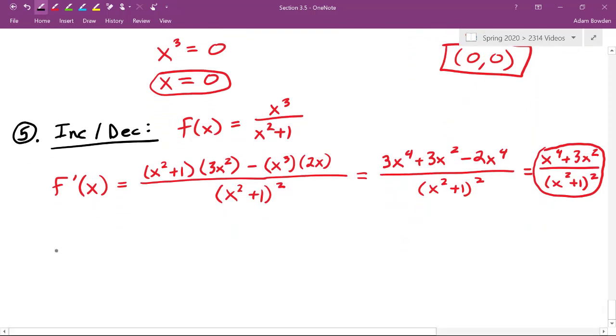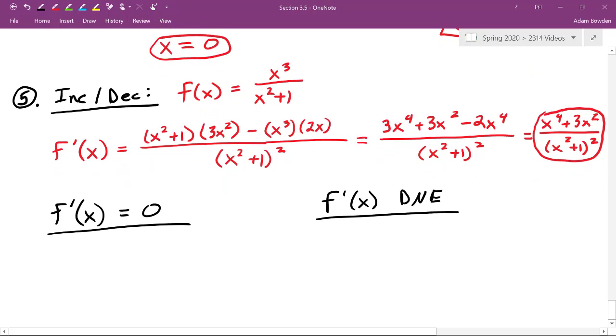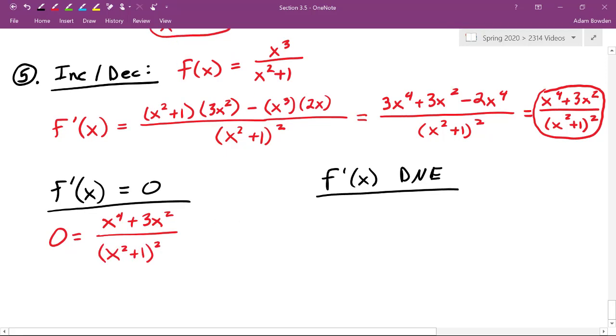Now, as before, we'll consider where the first derivative is equal to 0, and also where the first derivative does not exist. To solve where it's equal to 0, we just set the first derivative equal to 0. The numerator is all that's going to influence this. The denominator basically will cancel out.